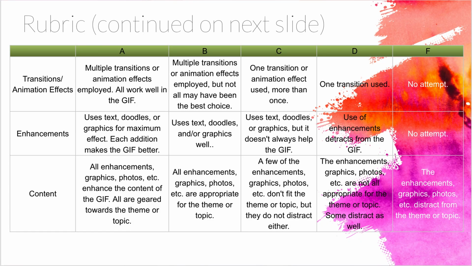Last, the rubric. Make sure you read both slides for the rubric. Okay? Both slides. So I'm looking for transitions and animation effects. So think of the things you've learned.